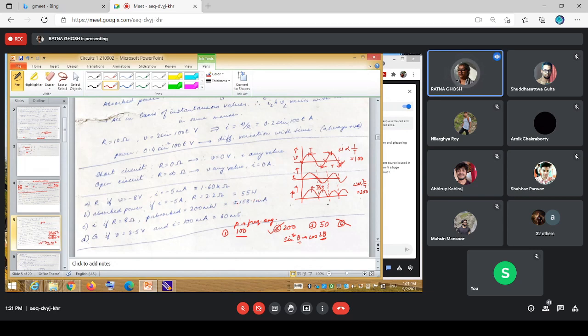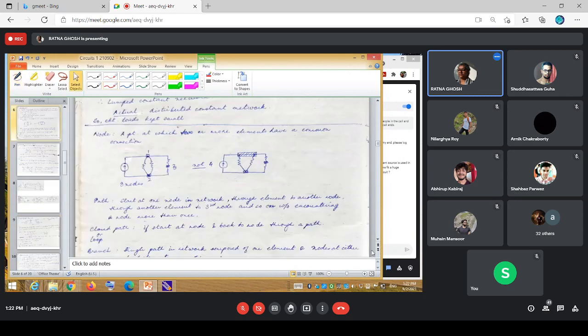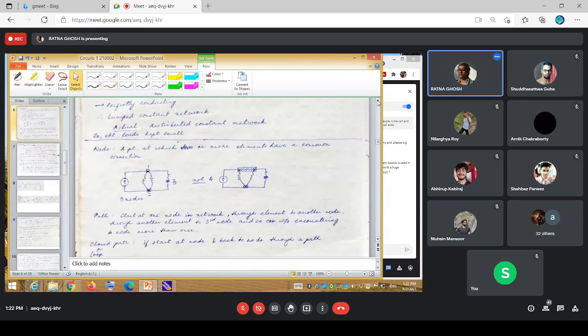Plus or minus simply indicates change of direction. V is given, I is given. So naturally it's possible to find out G as I by V. So that was about this. Coming on to the next component.